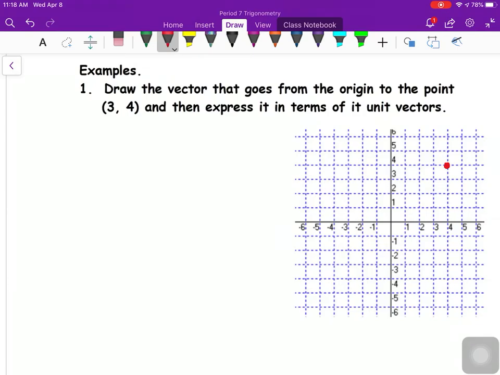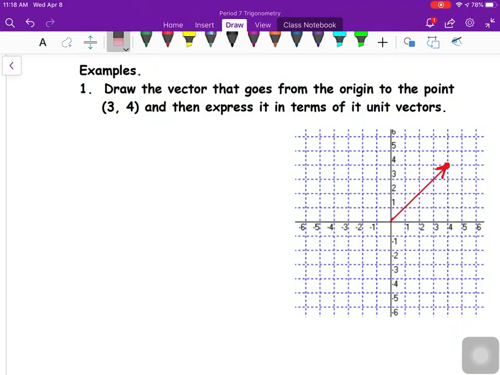So here I have a point (3, 4). If I was to plot that point, over 3 and up 4, and now draw the vector that connects the origin to that point, it would look like this.